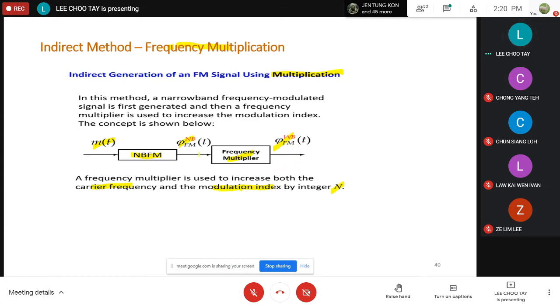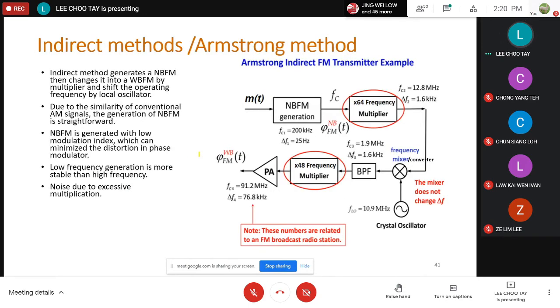Yeah, so let's look into more details on how this can be done. So we're going to look at the Armstrong method. All right, so in the Armstrong method, if you look at this, I have some numbers here that can show you how the process actually happens.